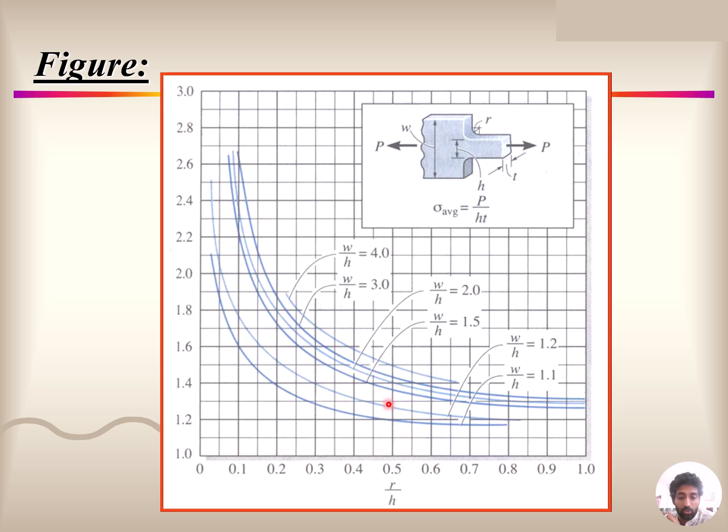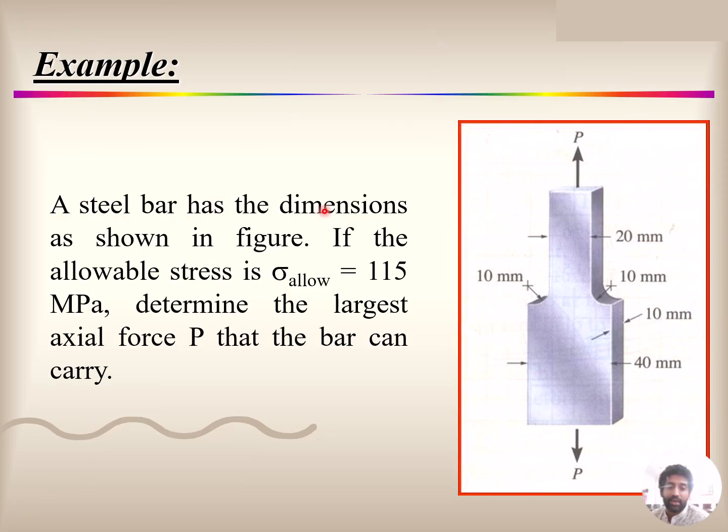We know the ratio. It will hit the curve at a certain point, and that point corresponds to your Kt. That means the curve and the ratio meet at a point, and this gives you the Kt value. Now, let us consider an example with a radius r of 10, small length 20, bigger length 40, thickness 10, and yield 115.